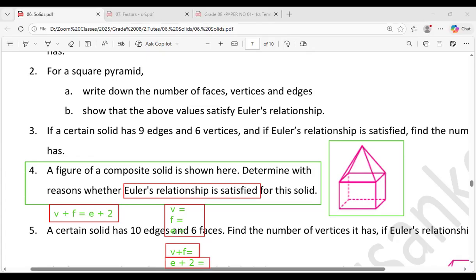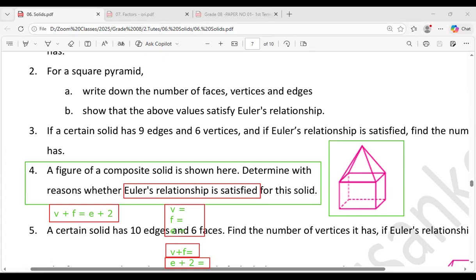I want to see who finishes first. Send me the V plus F and E plus 2 values. Send me both answers, V plus F and E plus 2. I need to see who finishes first.